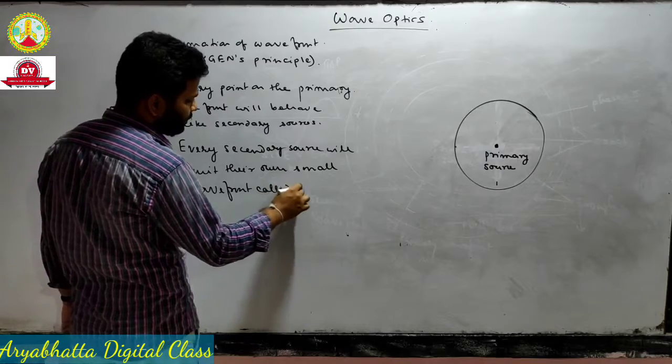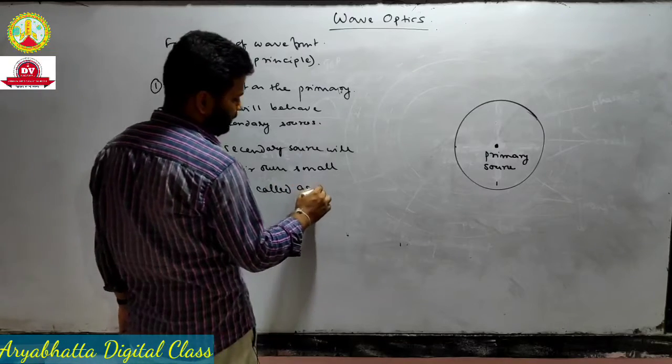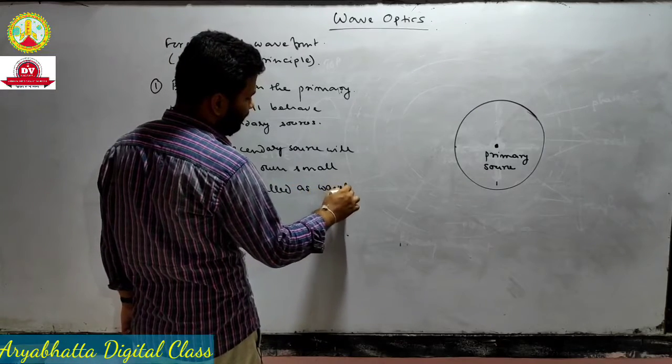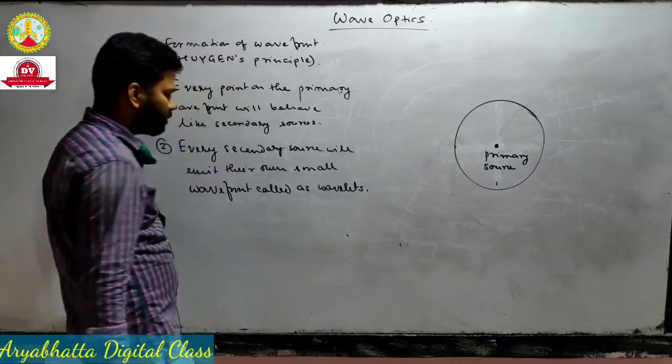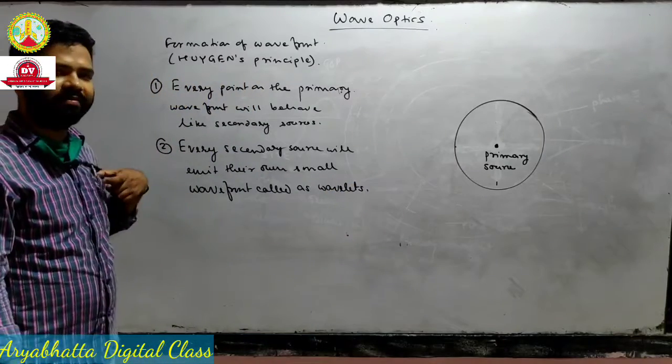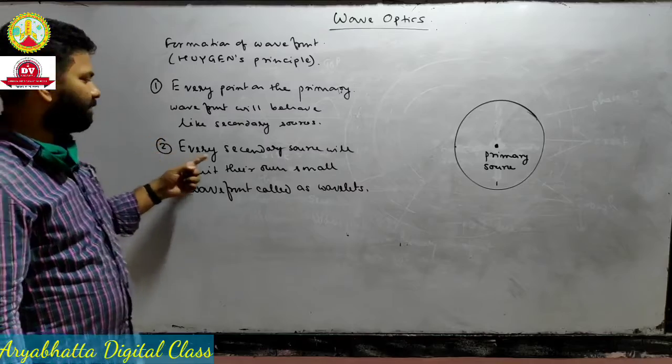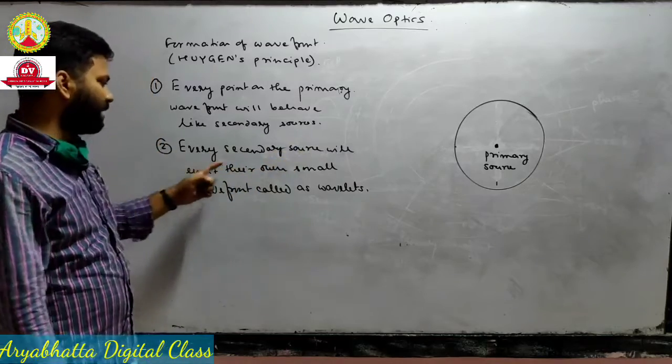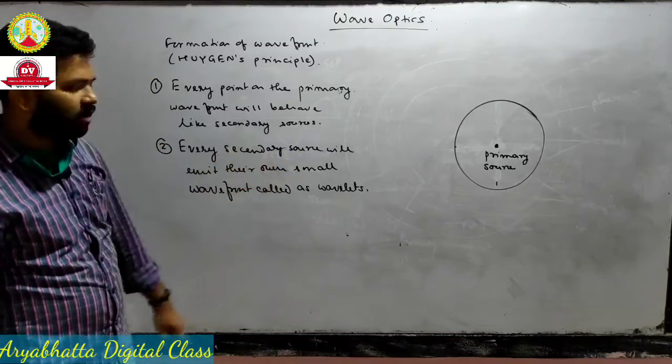Called as wavelets. They are known as wavelets. So small wavefronts are known as wavelets. Okay, every secondary source will emit their own small wavefront called wavelets.